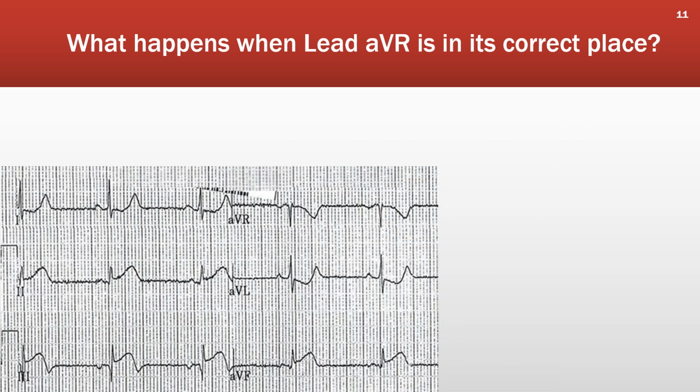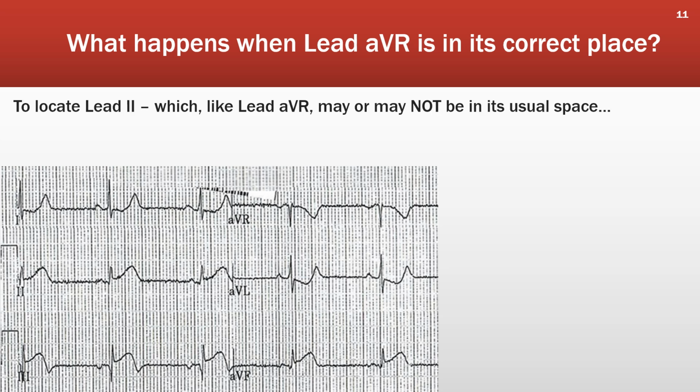Well, what happens when lead AVR is actually in its correct place? Then we have to depend on lead 2 to help us decide if there is indeed a true left arm, left foot lead wire switch, or if it's simply a normal ECG.